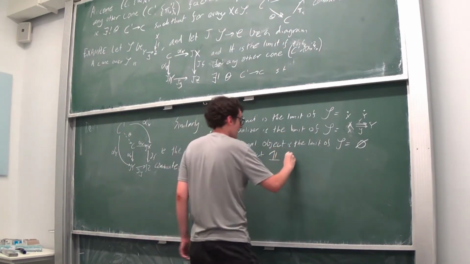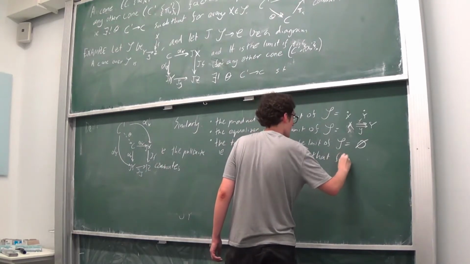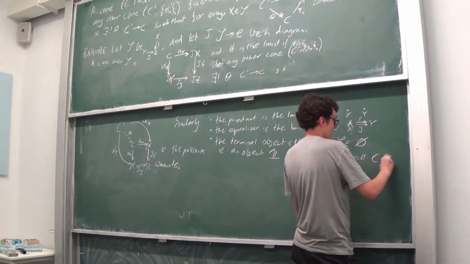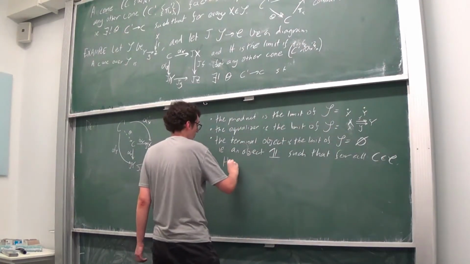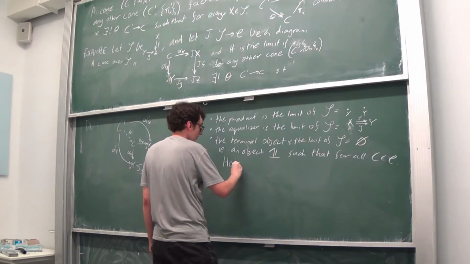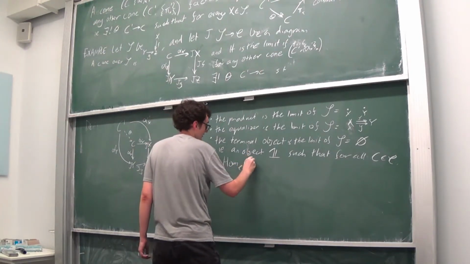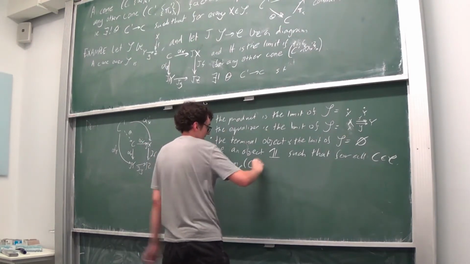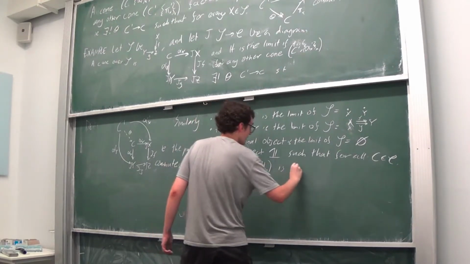An object 1 such that for all C in the category, the set of morphisms of the category which go from C to 1 is a singleton.